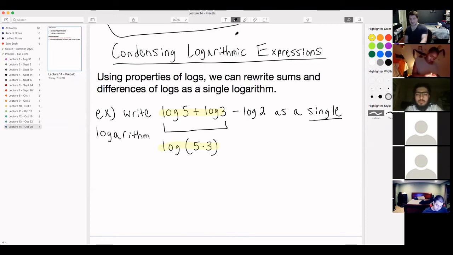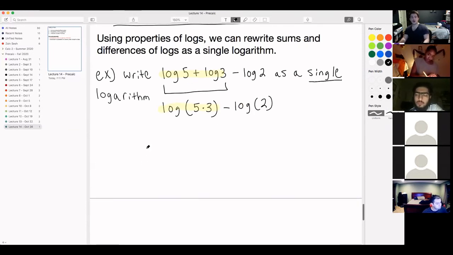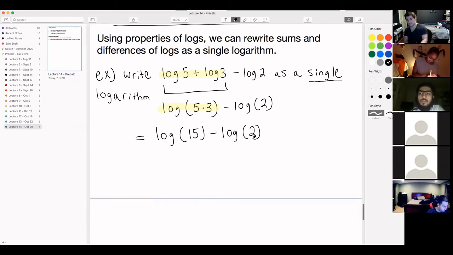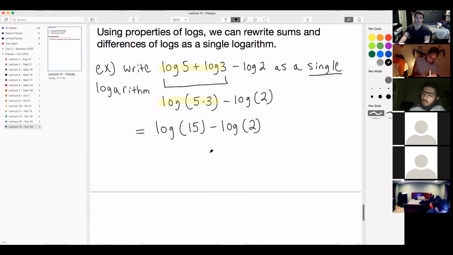I hope everyone sees that. And then the minus log 2 will come down. Now let me do that 5 times 3 inside of the input. So this is log of 15 minus log 2. Now, doesn't this look like the right-hand side of the quotient rule? We have a difference of logs. That's the same as the log of the quotient.